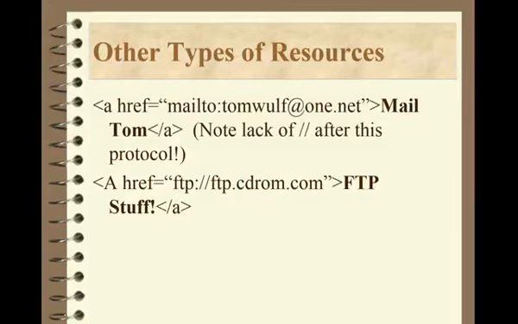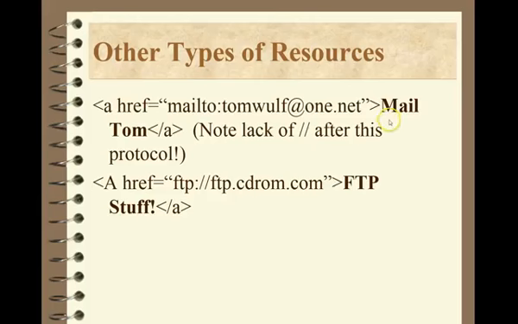All right, here's the mailto link. Again, note that mailto is the only protocol without the double slashes. So what this will do is it'll create a visible link, mail Tom, and that'll be underlined or styled according to whatever style rules I've written or the default ones in the browser.